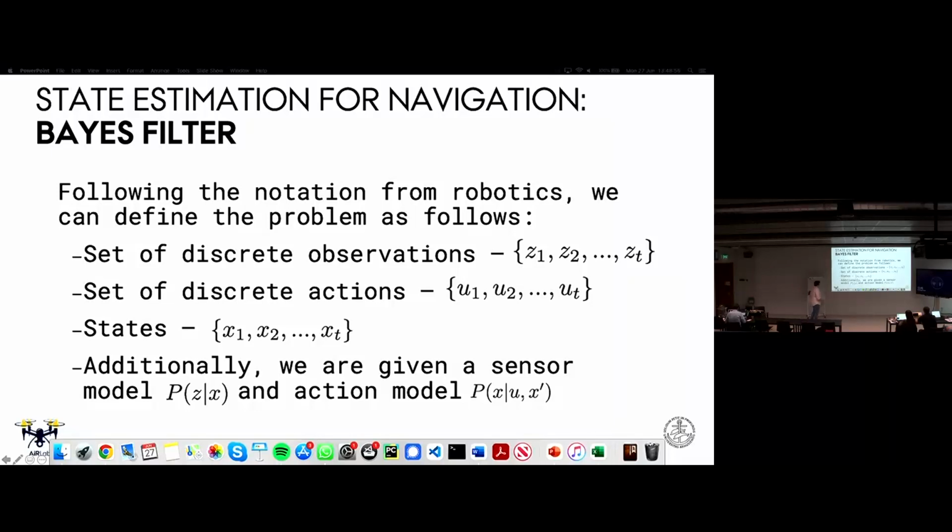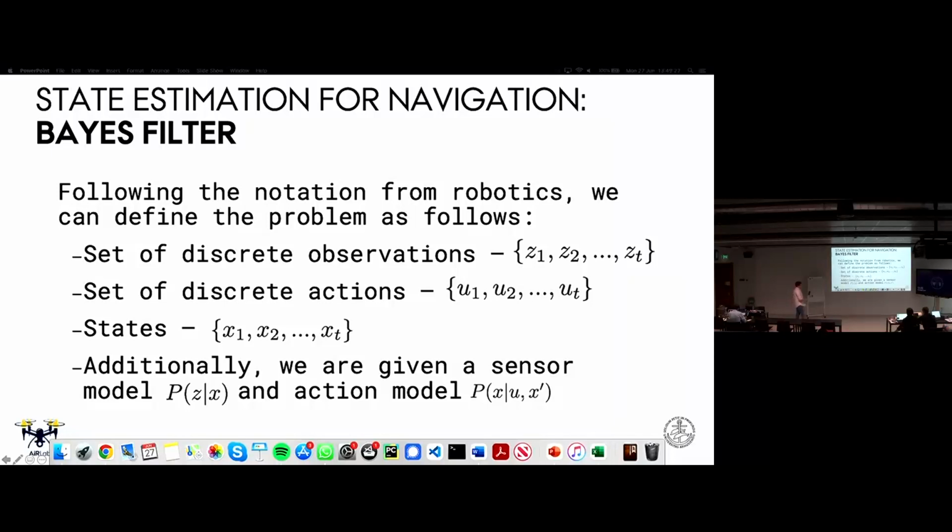And additionally, a Bayes filter assumes that we are given a sensor model. So the conditional probability table of a specific observation given a state. How likely is that particular observation to be occurring in that particular state? And also an action model, which defines the change of state given an action taken.